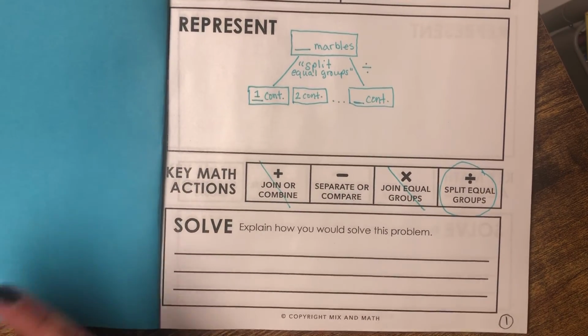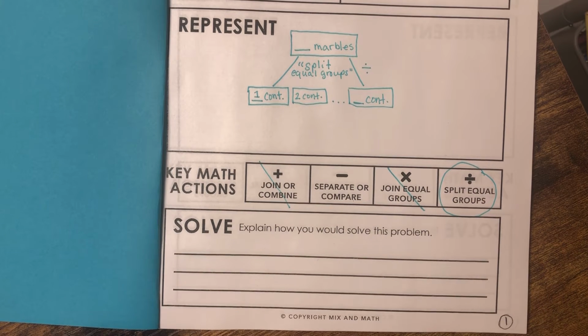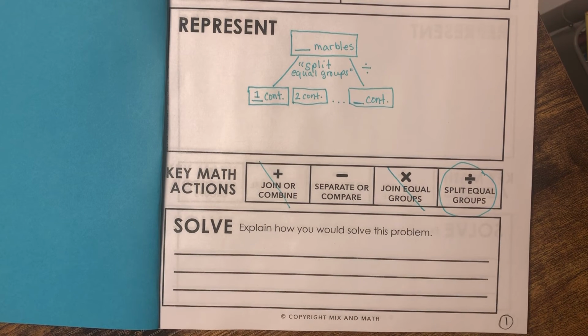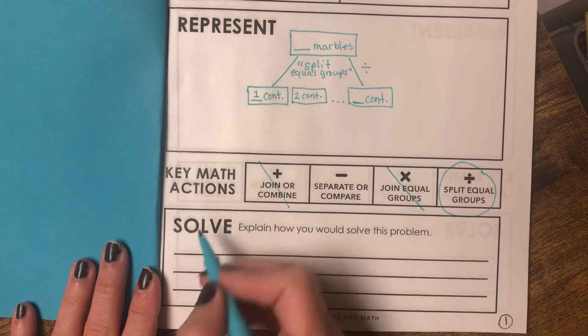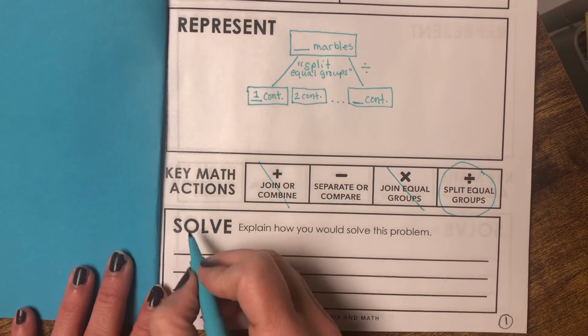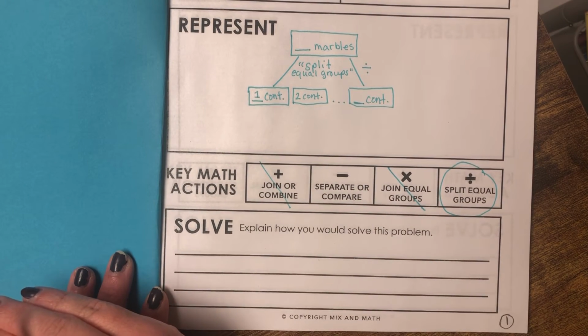Now I'm going to try to put this into words of how we would explain it so that when we do eventually come back to it, our explanation helps us solve it. Okay. So we know that we are going to take our amount that we're starting with.